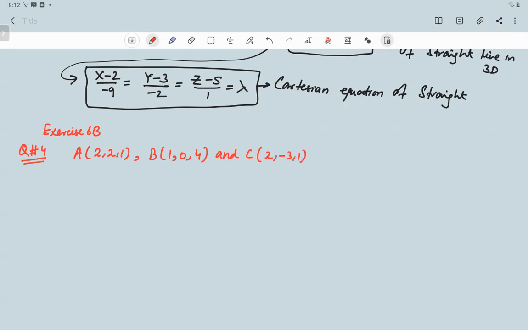Okay, the question is, find the shortest distance between the point C and the line through A and B.